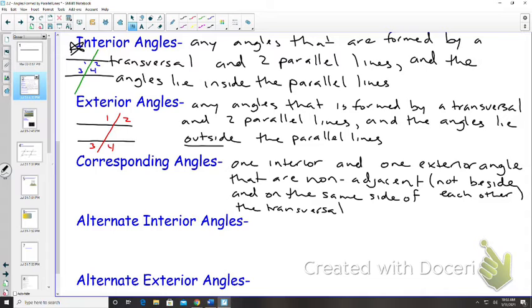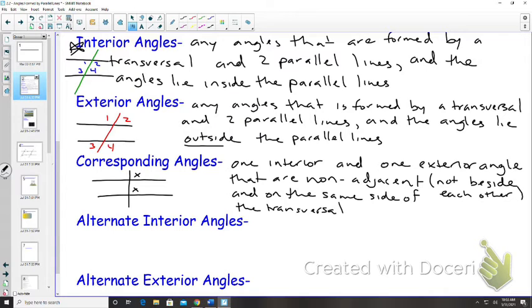Are they truly corresponding? No, because they're not an exterior and an interior angle. They're all interior. So corresponding angles have an interior and an exterior one. Okay, so those are corresponding angles right here.